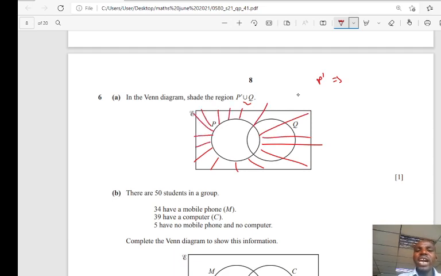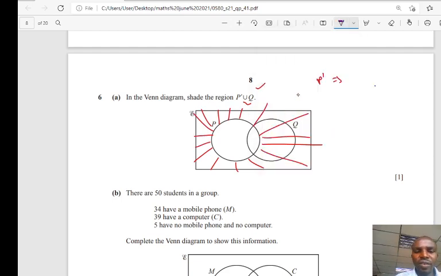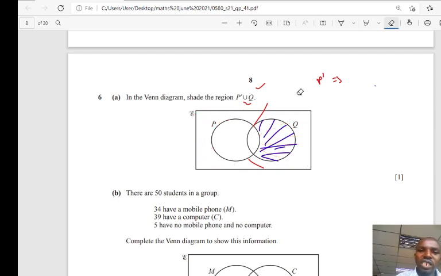Then combining with what is in Q, what is in Q is this area, that is in blue. That will be the part that is supposed to be shaded. Done.